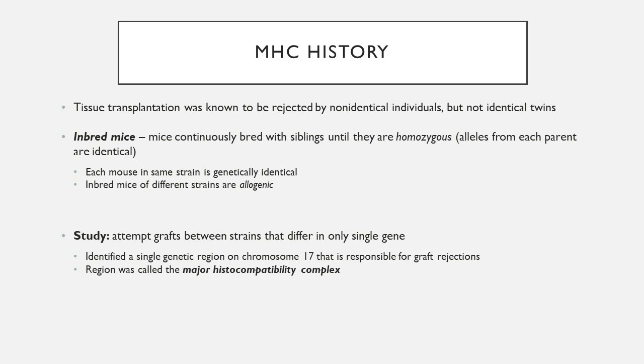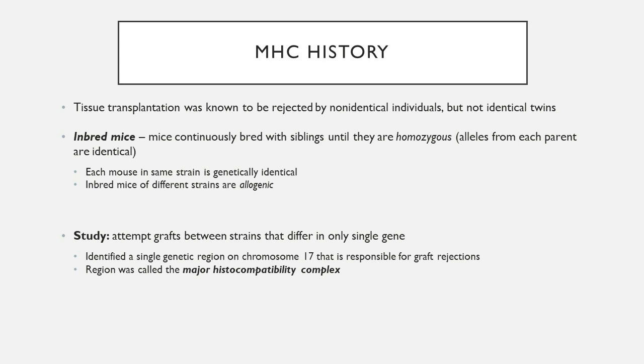And because these 2 strains only differed in a single gene, they would most commonly accept the tissue transplantation, except for in one particular case where the rejection occurred, and thus the scientists could conclude that that gene was somehow responsible for tissue transplantation rejection.